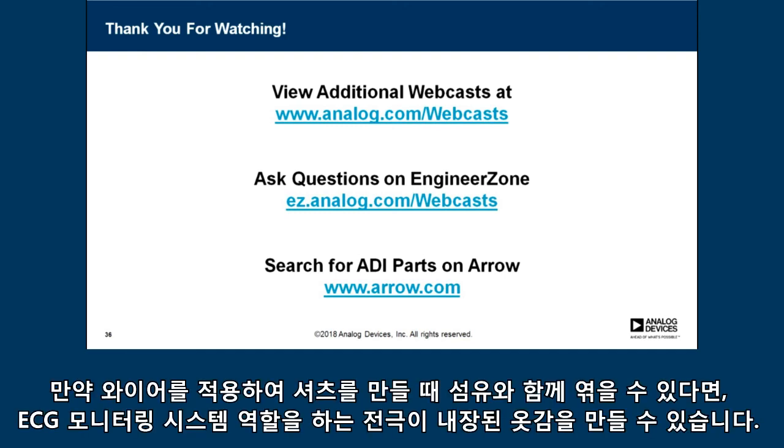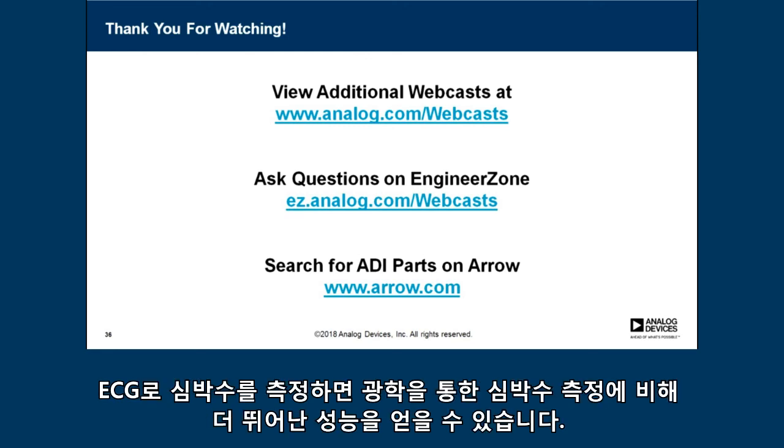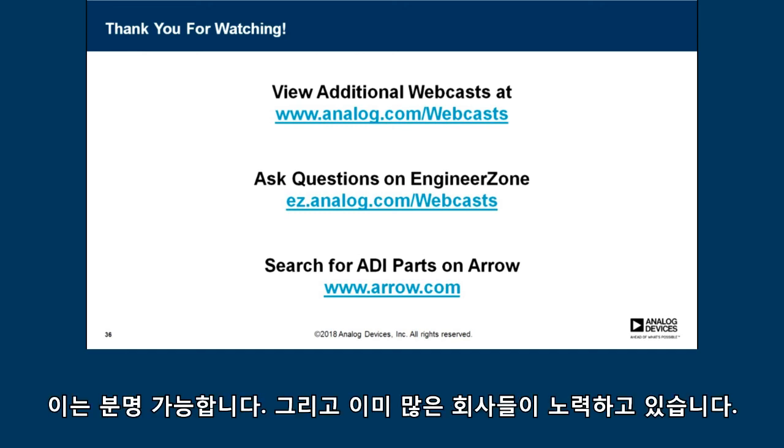But if you take conducting wires which you weave into the shirt, you can make textile that has embedded electrodes to make an ECG monitoring system possible. And the value add that you see there is that measuring heart rate by ECG gives you better performance compared to measuring heart rate from optical. So for sure this is possible, and there are also companies working on this.